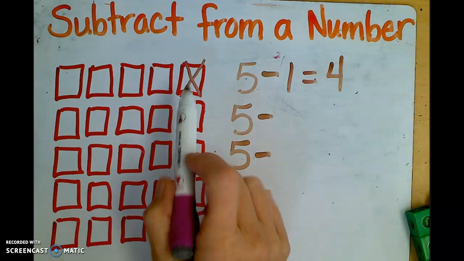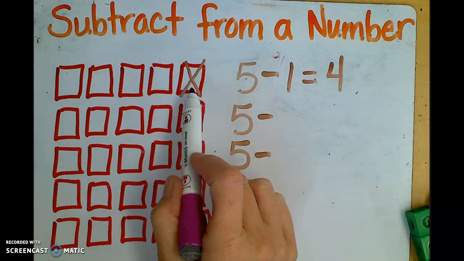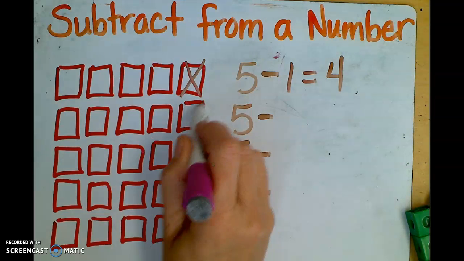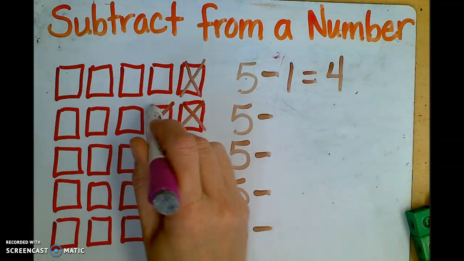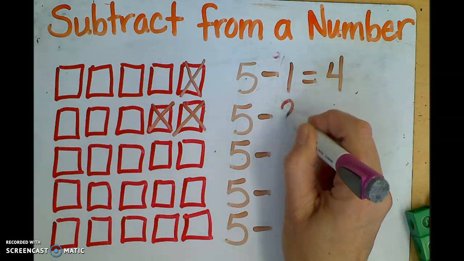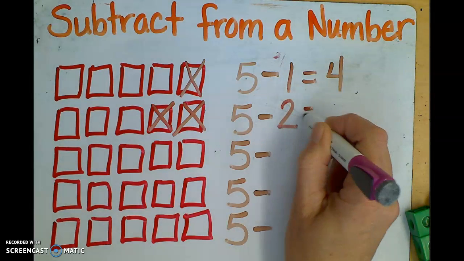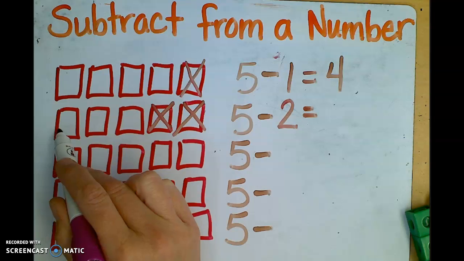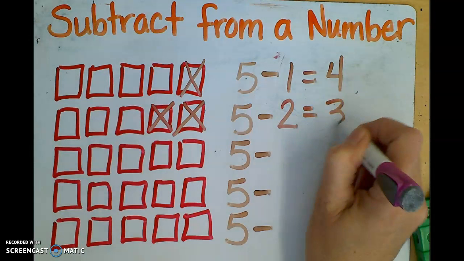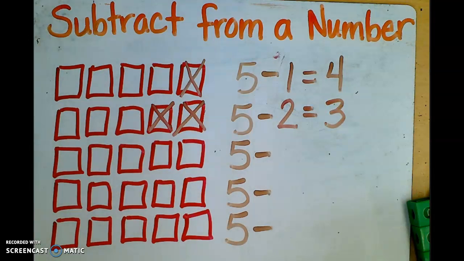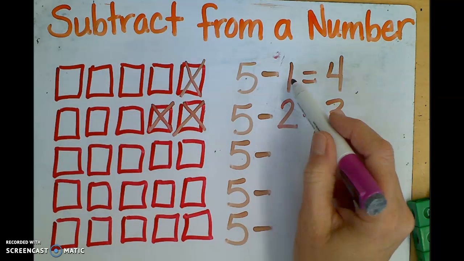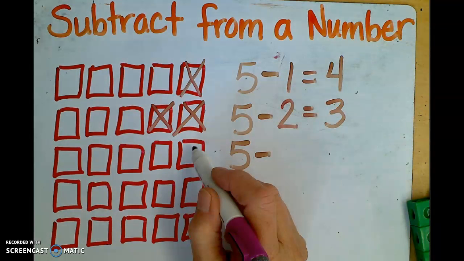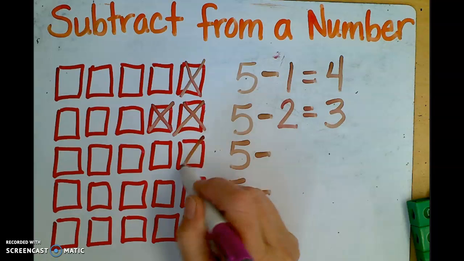Okay, if I crossed out 1, the next time I have to cross out, you're right, 2. 5 minus 2 equals 3. Are you seeing the pattern starting? I am. I took 1, I took 2, now I have to take, you're right, 3.